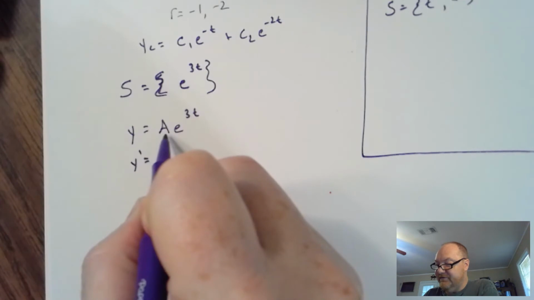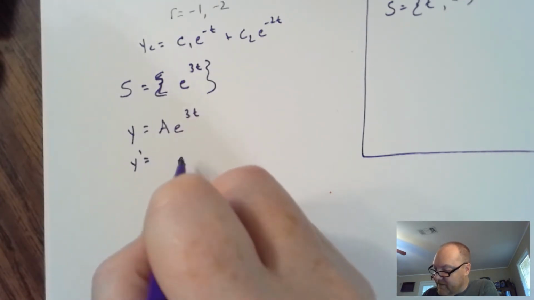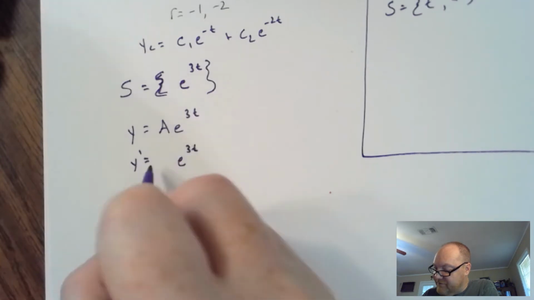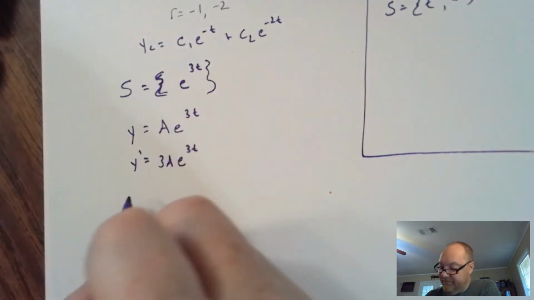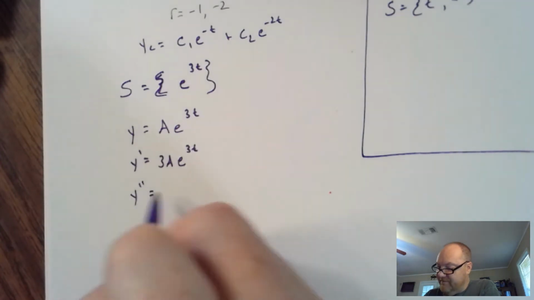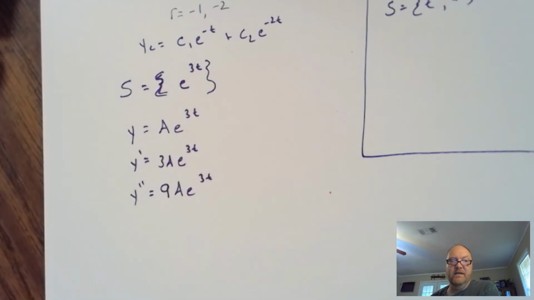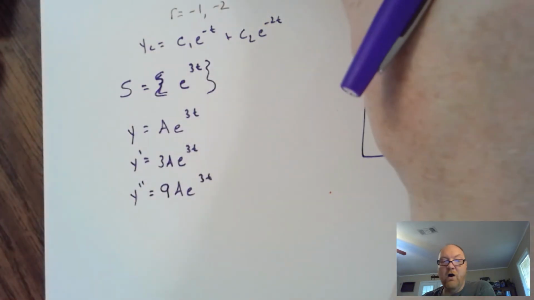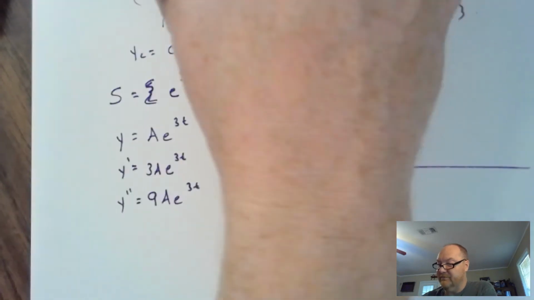The derivative of a constant times e to the 3t, the derivative of e to the 3t is 3 times that constant, and I get the e to the 3t back. And then the second derivative is going to be 9A e to the 3t. So what I want to do is to take all of those values and plug them into my original differential equation.